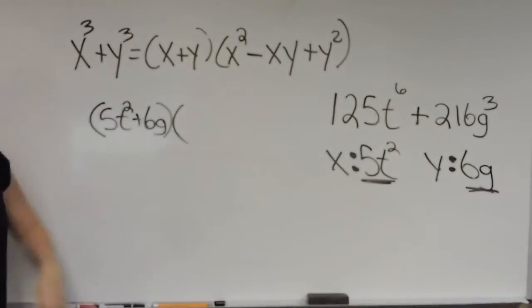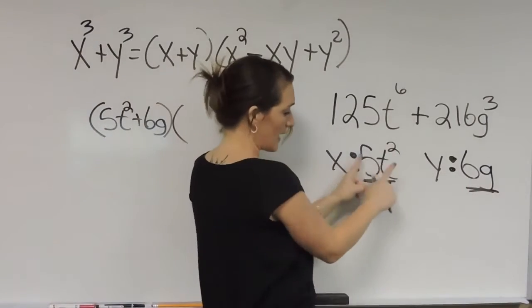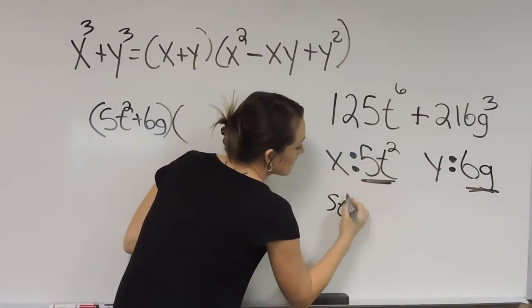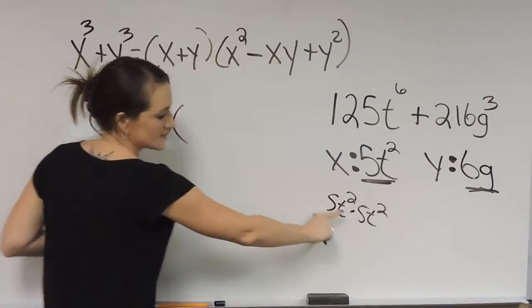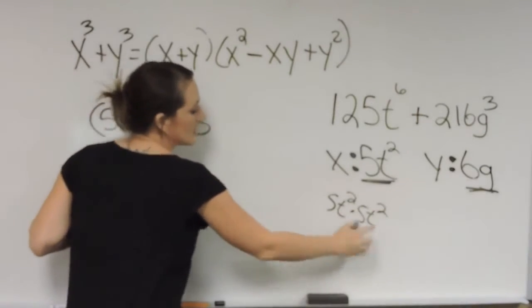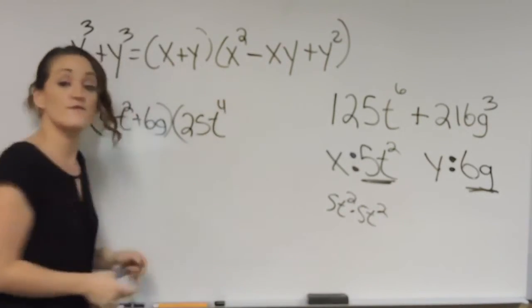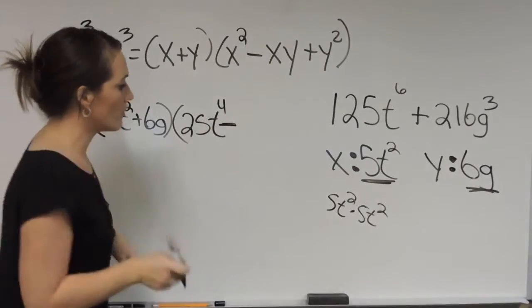Then we have our trinomial. So the first thing we have here is an x squared. So square your x: 5t squared times 5t squared. 5 times 5 is 25, and t squared times t squared is t to the 4th.